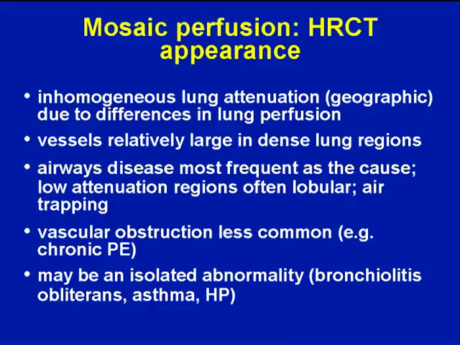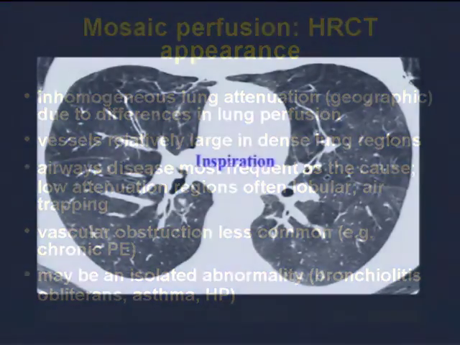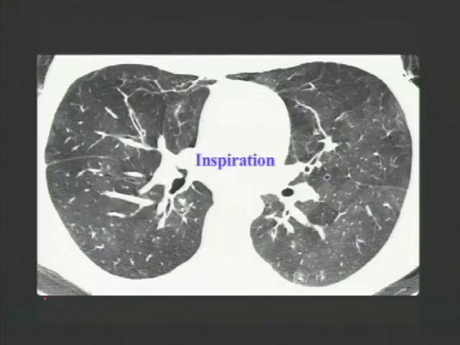Vascular obstruction, less common as a cause of Mosaic perfusion. Paige showed you a nice example of that in his pulmonary hypertension talk. Now, Mosaic perfusion or air trapping may be an isolated abnormality in several different diseases: bronchiolitis obliterans, asthma, and hypersensitivity pneumonitis. Now, this is an example of Mosaic perfusion here in inspiratory scan.